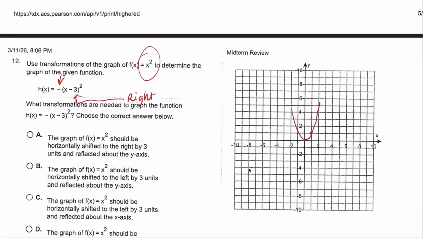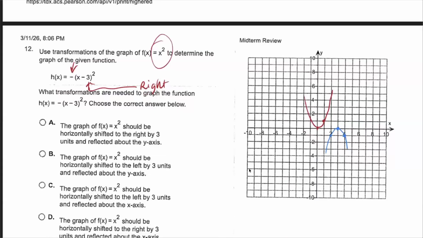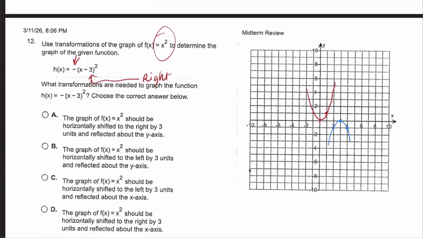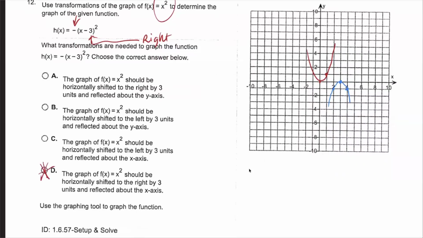So this is a shift to the right and a reflection. So the whole thing shifts 3 spaces to the right and then over the x-axis. But again, in my math lab, you're going to tell it what to do. So it should be shifted horizontally to the right 3 and reflected about the x. So that's going to be, I think, D down here.